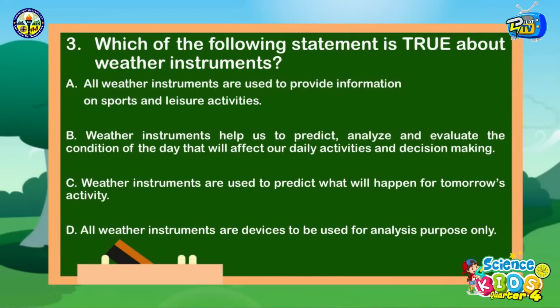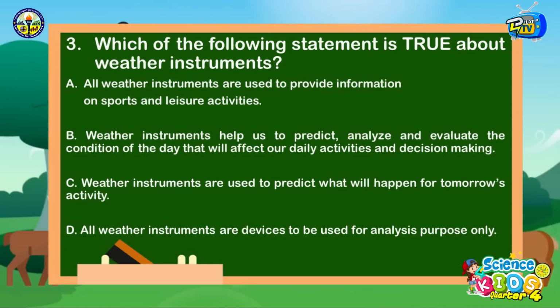Number 3. Which of the following statements is true about weather instruments? A. All weather instruments are used to provide information on sports and leisure activities. B. Weather instruments help us to predict, analyze, and evaluate the condition of the day that will affect our daily activities and decision-making.